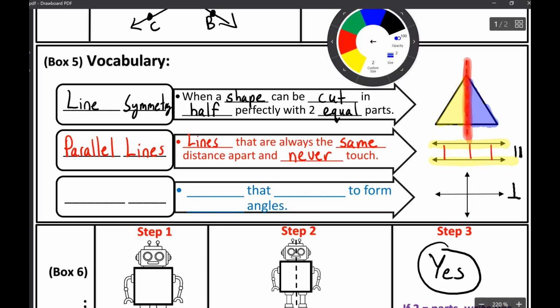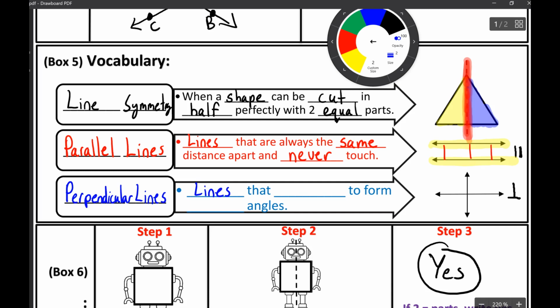Lastly, our next vocabulary term is going to be perpendicular, right? Perpendicular. I know it's kind of hard to fit it in, so just try your best. Perpendicular lines, okay? Perpendicular lines are lines that intersect or cross.